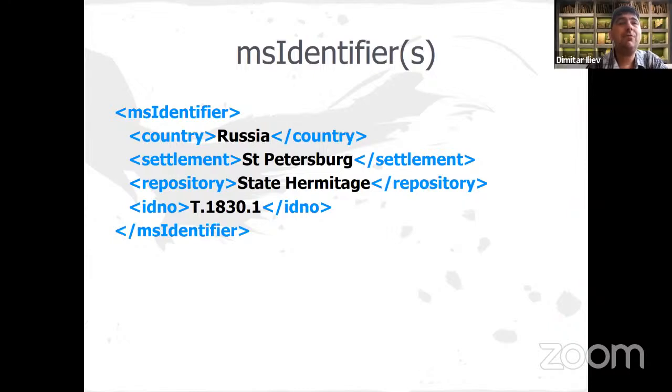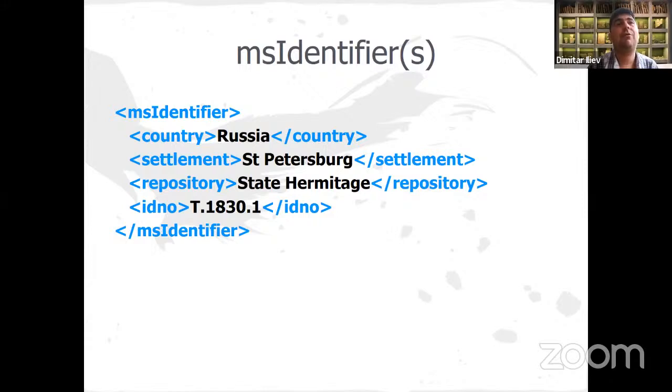The MS identifier, which stands for manuscript identifier, you can indicate country, especially if you have a project which encompasses several different countries. For example, this, I think, is taken from the IOSPE project, when they have inscriptions in repositories dating from the time of the USSR. So you have monuments stored in at least two different countries.